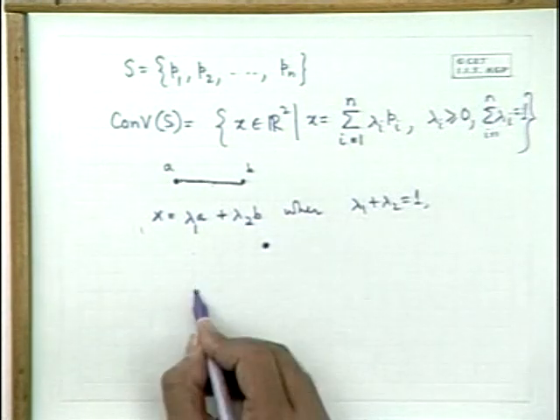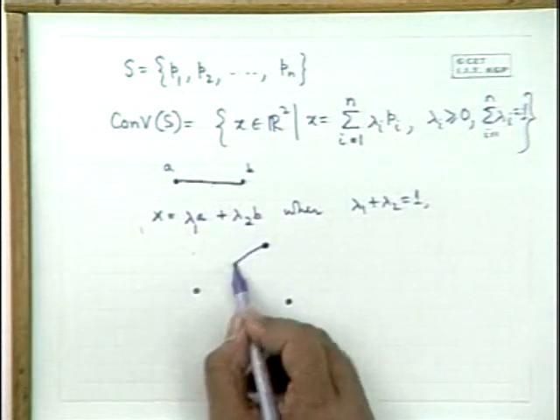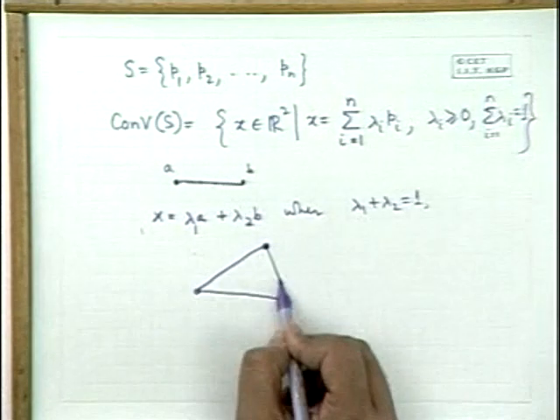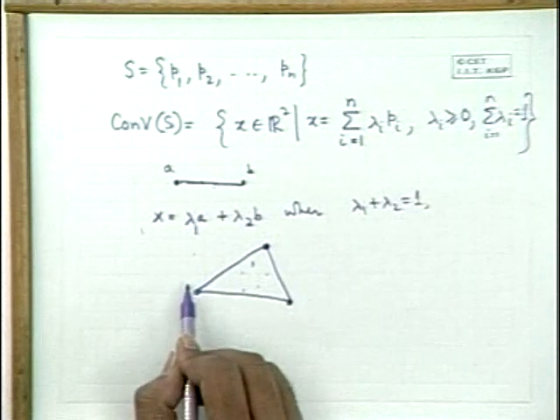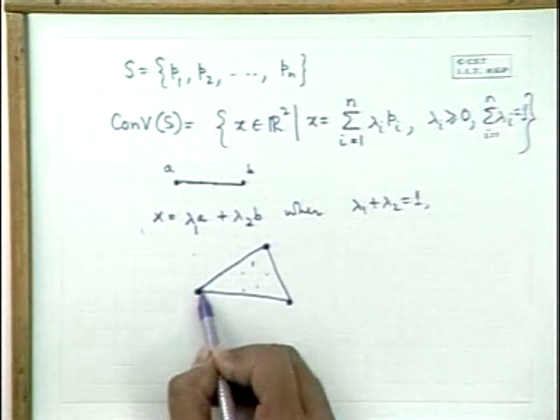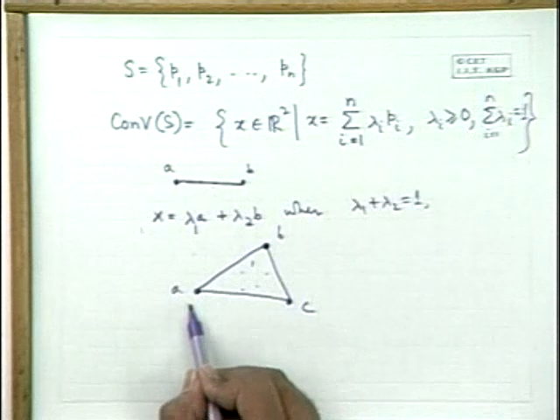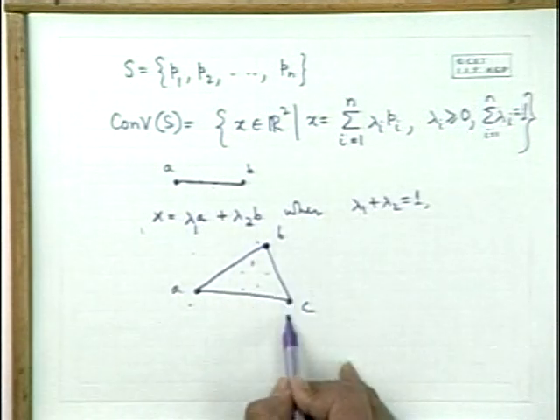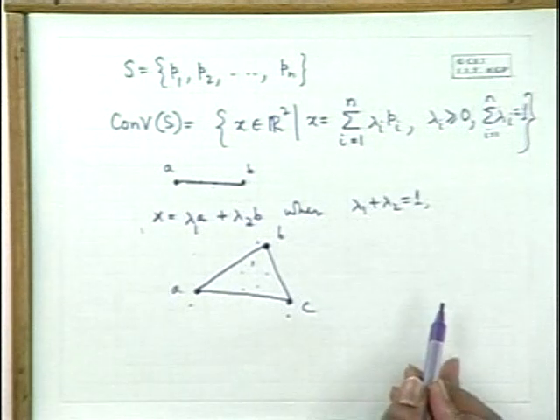Similarly, the convex combination of 3 points gives all the points inside the triangle. Any point inside the triangle ABC you can always express as lambda 1 A plus lambda 2 B plus lambda 3 C, where lambda 1 plus lambda 2 plus lambda 3 is equal to 1.